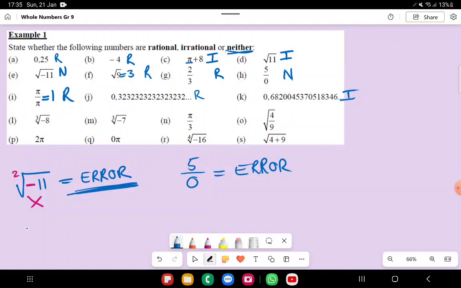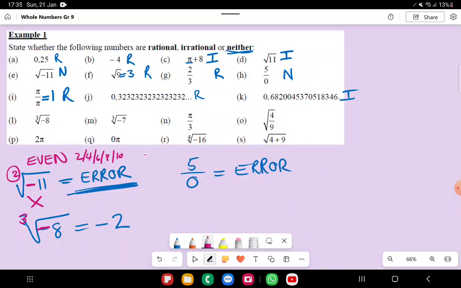If I input into my calculator the cube root of -8, I will get a number, and the answer is going to be -2. Now notice that because this is a cube root, I can cube root a negative number, but I cannot square root a negative number. So if this number is even, if it is 2, 4, 6, 8, or 10, or any of those numbers, you will get an error message.